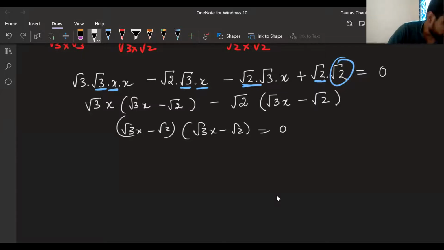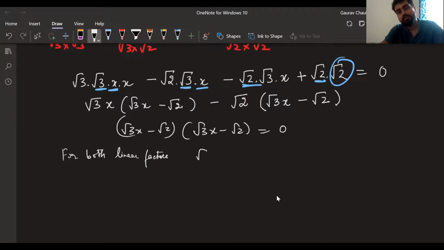So basically for both linear factors, you can write root 3x minus root 2 is equal to 0.